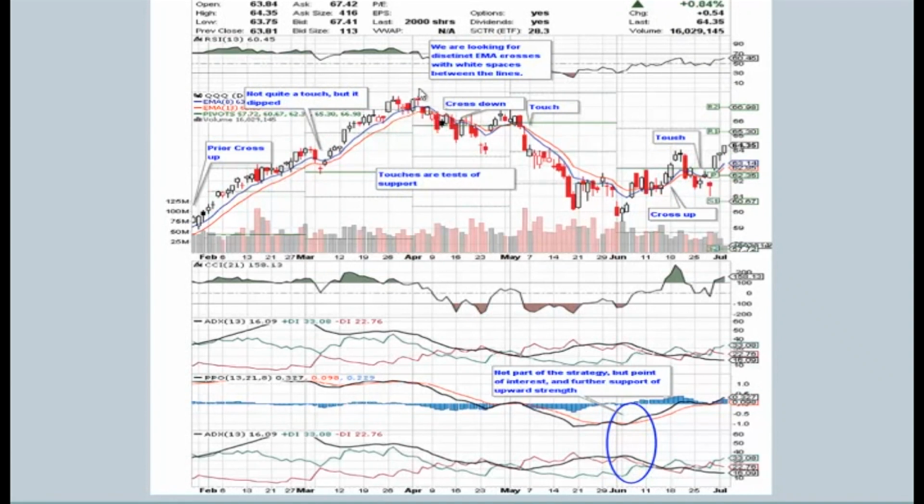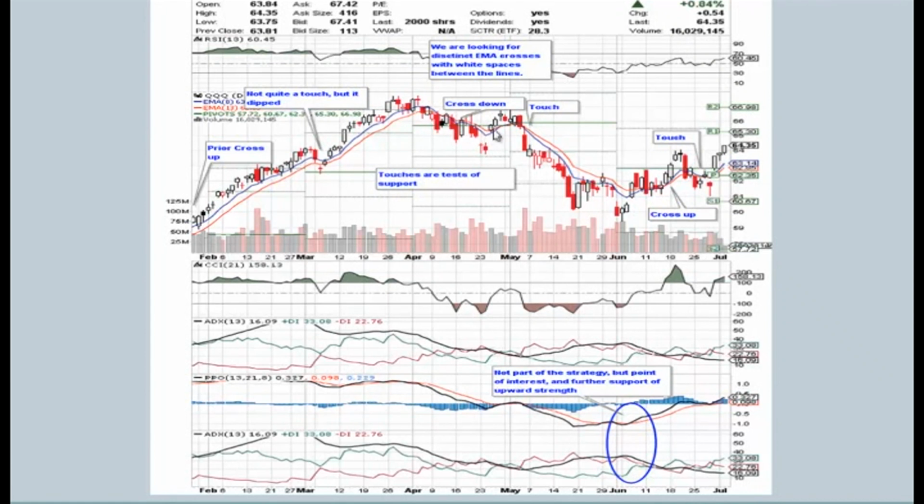There was an almost cross just before that period that we were just looking at. There was a little test right here to say, do you really mean it? Are we really going to cross down, or is this just another test area? And then it did cross.